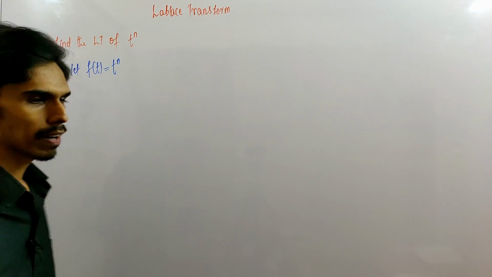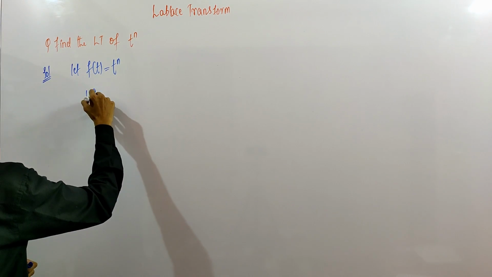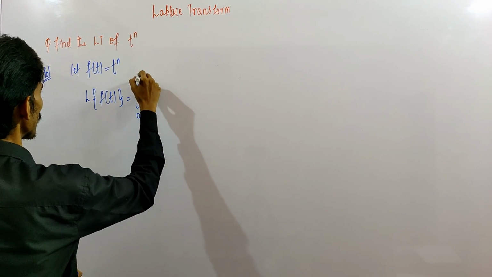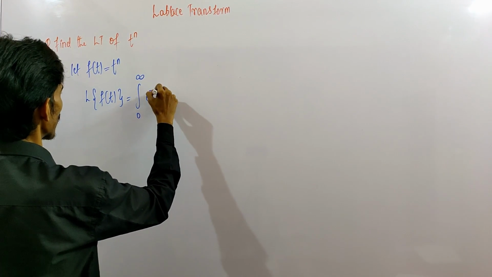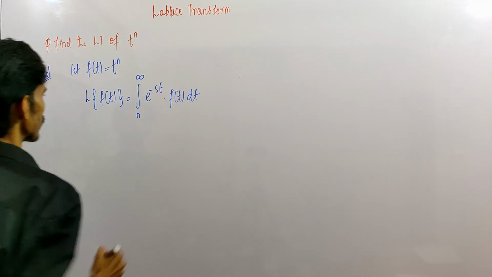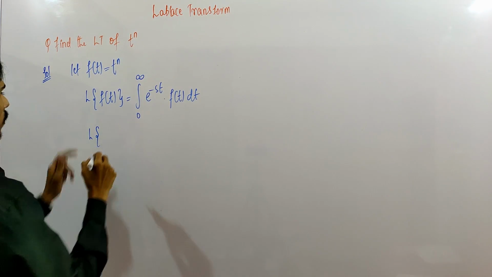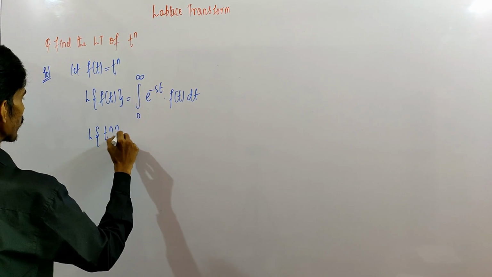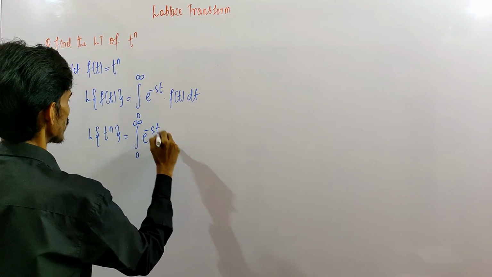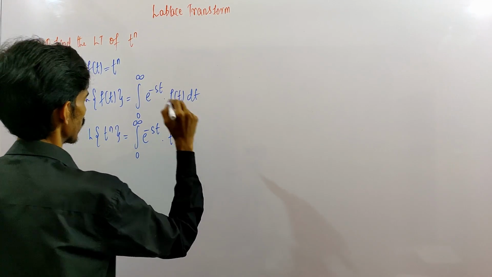From the definition of Laplace transform, we know that it is integral zero to infinity e power of minus st into f of t dt. Now the Laplace transform of t power of n: we have 0 to infinity e power of minus st, f of t value t power of n, dt.